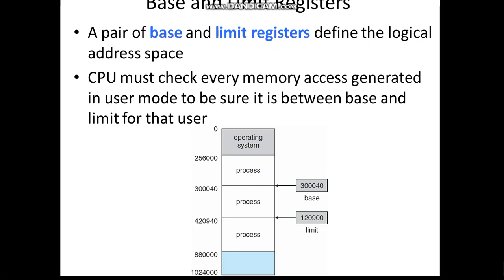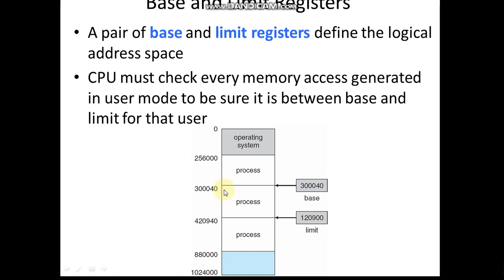You can observe here a memory layout in which the operating system is present, many processes are present, and the blue part is empty memory. If a user is running the second process, its base is 300040, that is, its address starts at 300040 and ends at 420940.